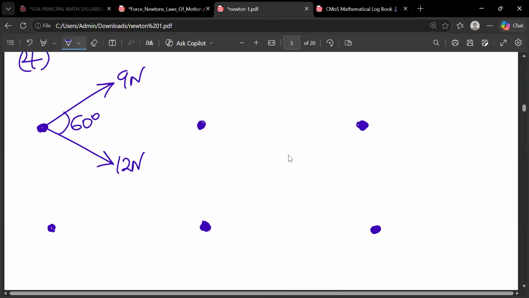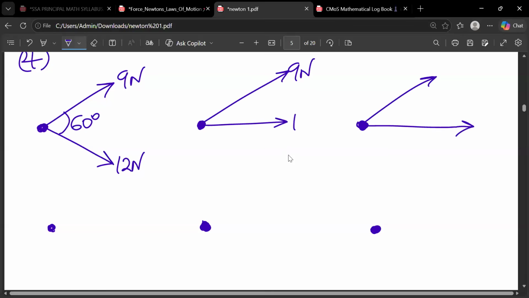Then someone will be like, okay, they have said 2 bodies. Then someone is like, what if I make this one straight like that, and then like that? That one has no problem, but now the problem comes in here. Because someone may say, okay, let this one be 9, let this one be 12, and I put the 60 here.